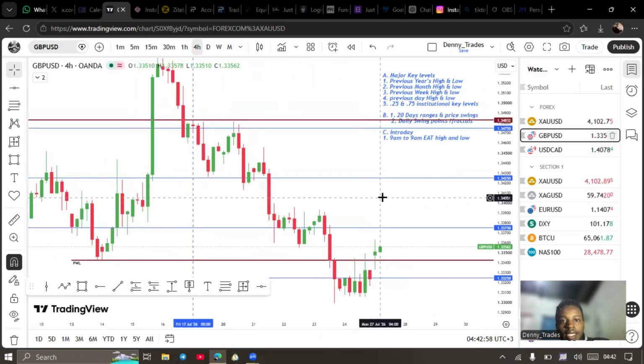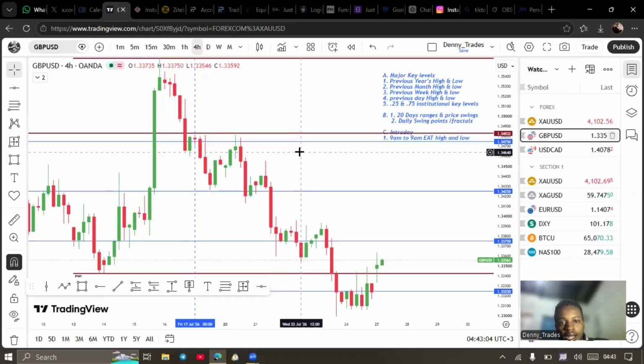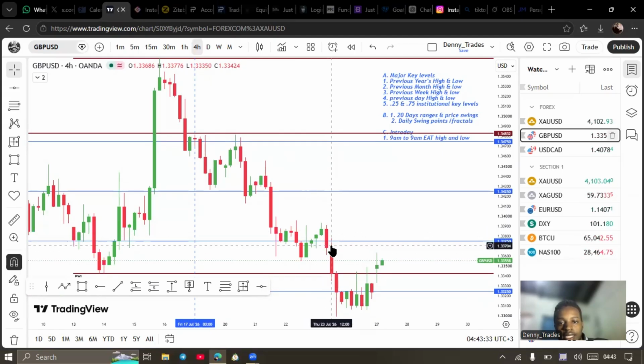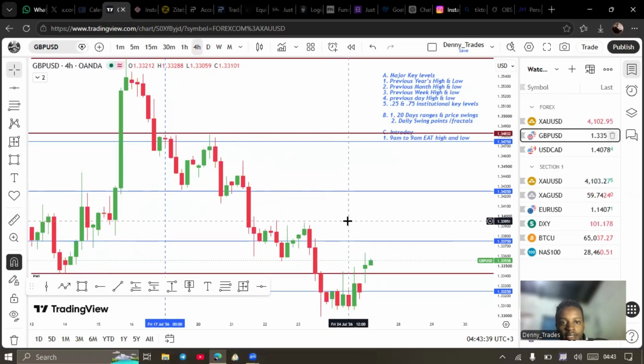And if I'm looking for my entries around this 4-hour open, you can see there at 12 noon East African time, 12 p.m. So if you want to find high probability entries, it's around the key level, around the 4-hour open, so you can be looking at 12 p.m. East African time.